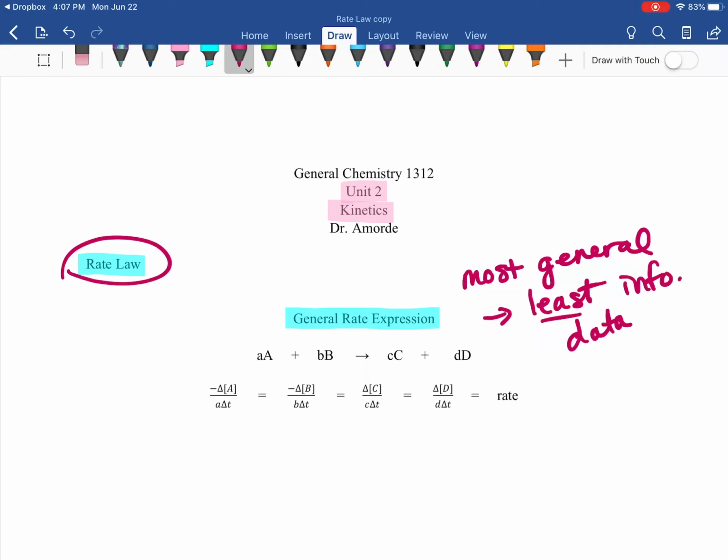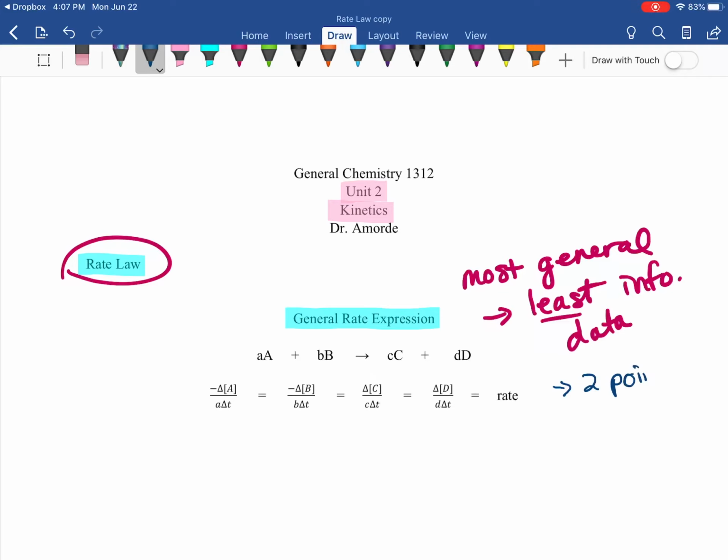For our general rate expression, we looked at several points of data. So one of the things we have to do is if we're just looking at really 2 points of judging that reaction, we really are not gaining a whole lot of information. It's a good place to start, but it's definitely not the end-all be-all.